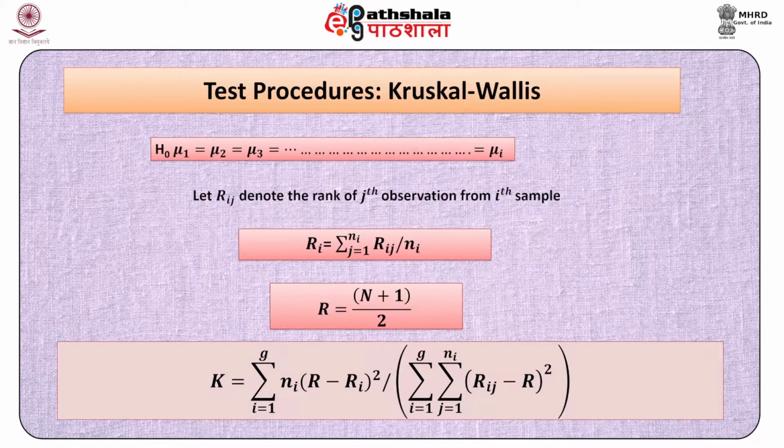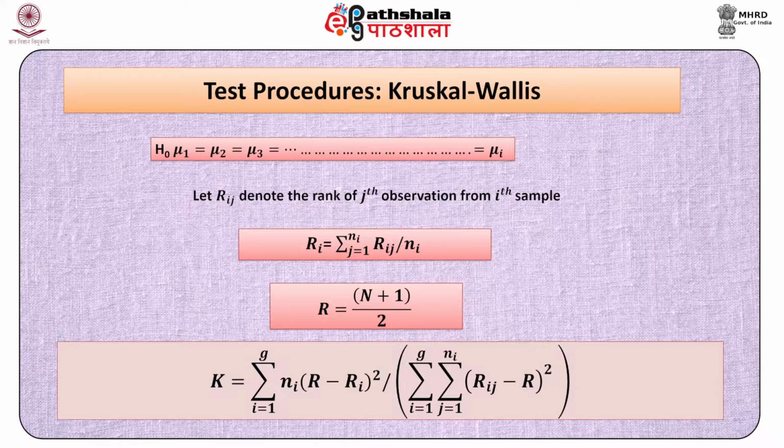Test procedures. Let the number of samples be I. Xij denotes the jth observation from the ith sample. N is the total number of observations in all the samples. H naught is mu1 equal to mu2 equal to mu3 till mu I. We rank all observations from 1 to N in increasing order.